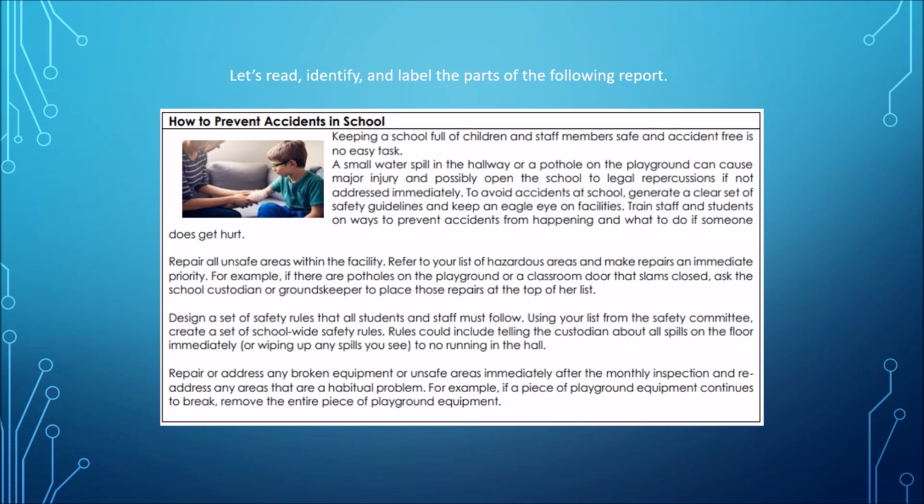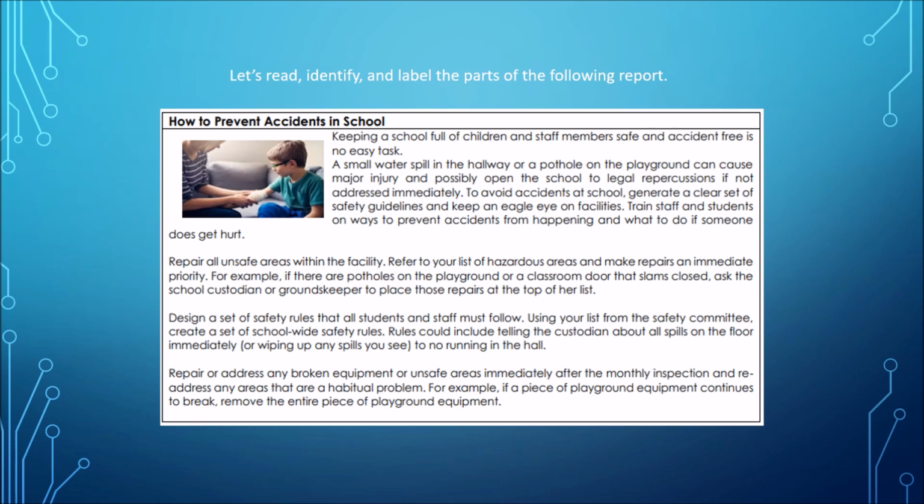For example, if there are potholes on the playground or a classroom door that slams closed, ask the school custodian or groundskeeper to place those repairs at the top of her list. Design a set of safety rules that all the students and staff must follow. Using your list from the safety committee, create a set of school-wide safety rules.